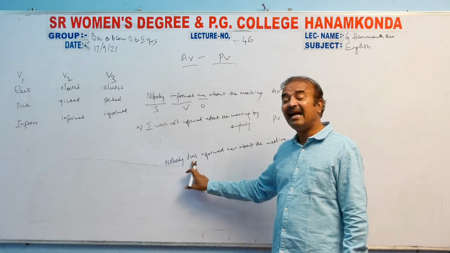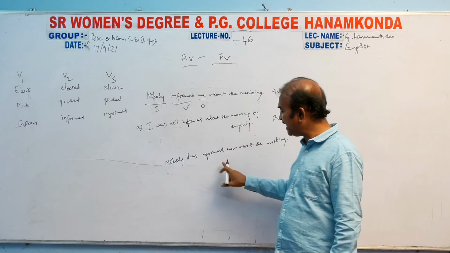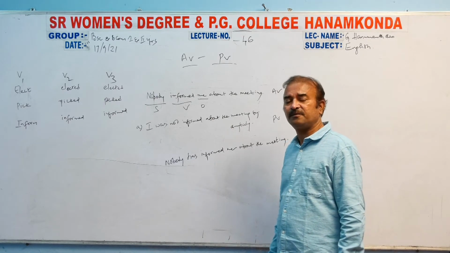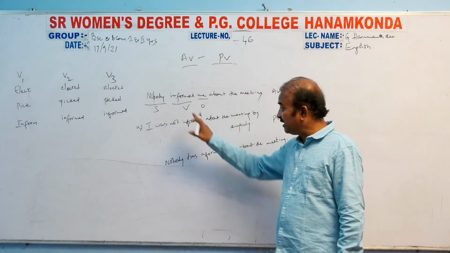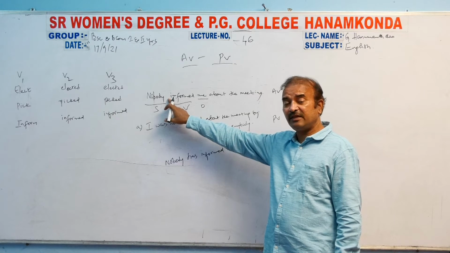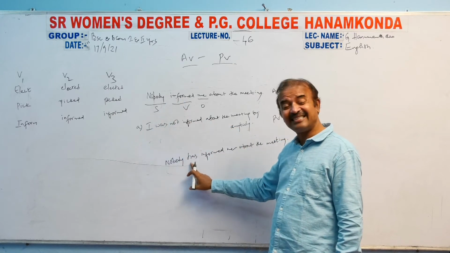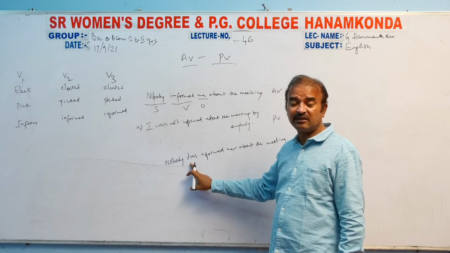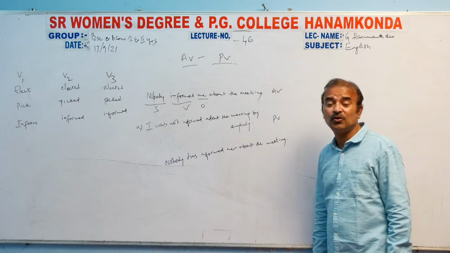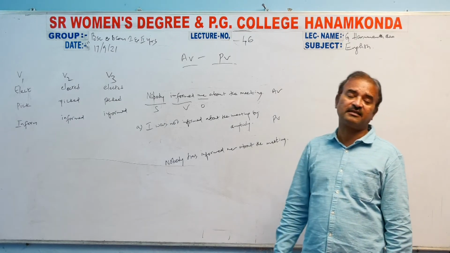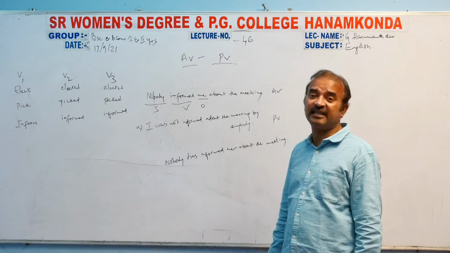We have an additional thing. Nobody has informed. Check this. So here, since it was without has, it has become past tense. Here, has. Now, because of the presence of this has, this one gets changed to present perfect tense.